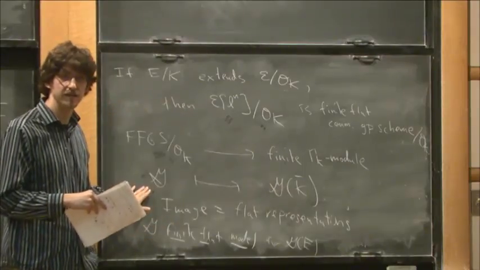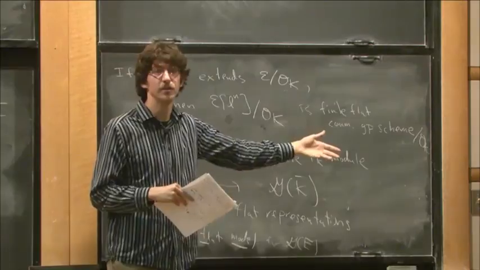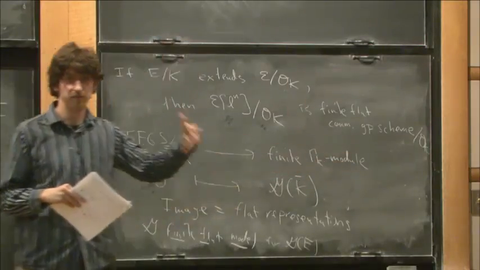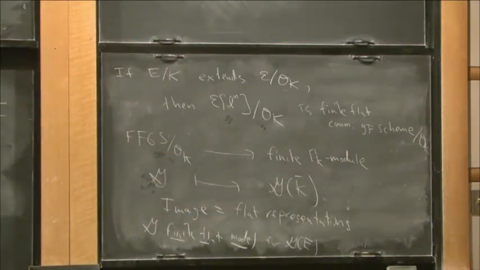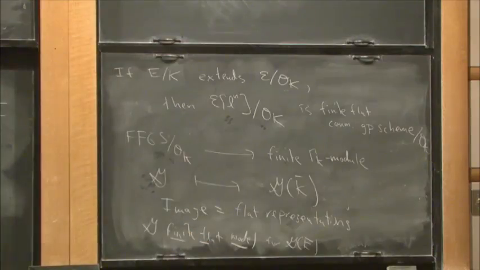This will come up again in a second, but we're not asking that A in fact act on the group scheme. We just forget the A structure and then ask, is that finite representation flat? In the world of representations on finite groups.